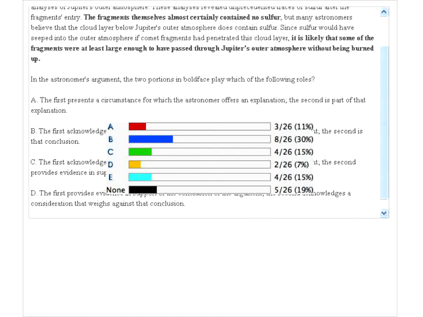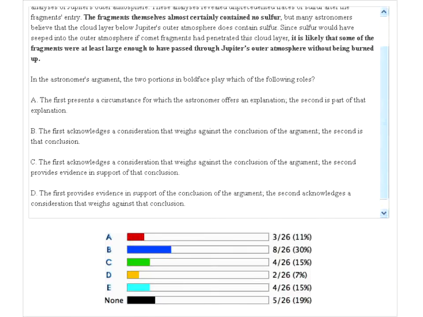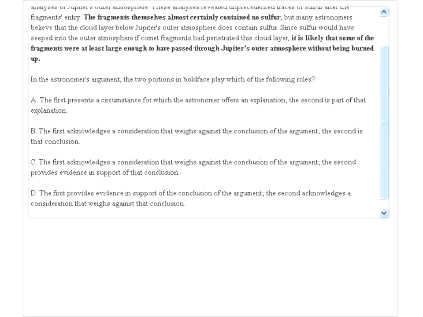It looks like most of you are picking B and E. Well, let's do our elimination method first. So here's the problem again. Boldface number one: the fragments themselves almost certainly contain no sulfur. See if that's a claim, and if that's a fact.